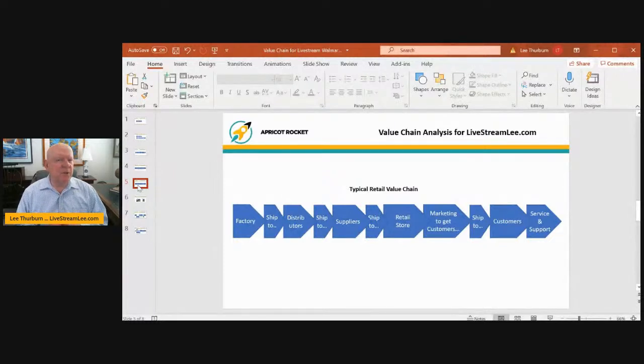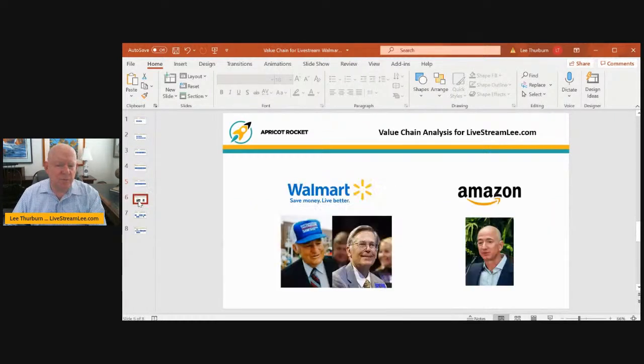Even though they're in the retailing business, they represent the two dominant names in the retail business and the two dominant value chain value extraction strategies that have been successfully employed. And they have a couple of the most valuable businesses in the world. The first are the Waltons, and the second is Jeff Bezos.